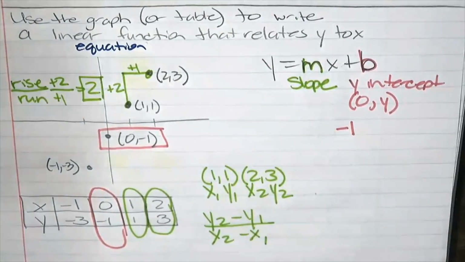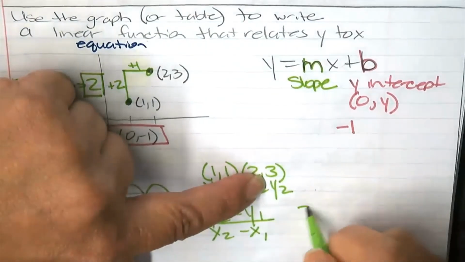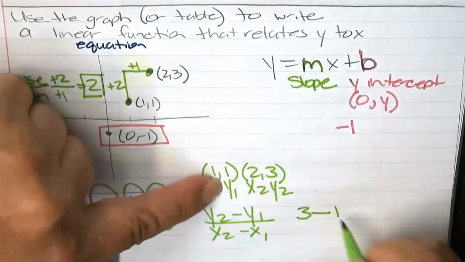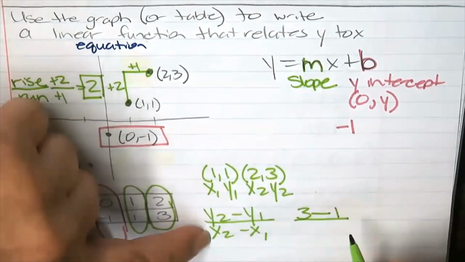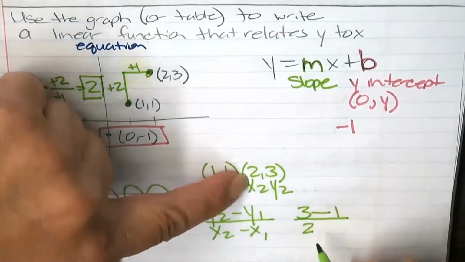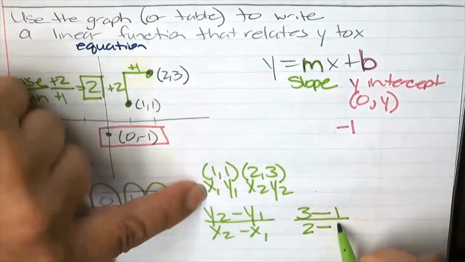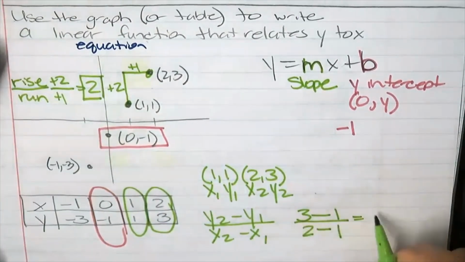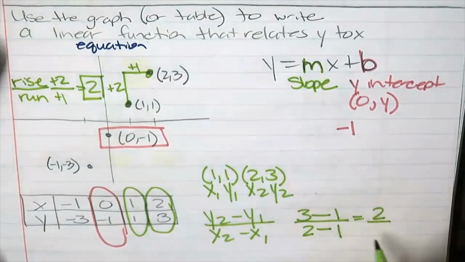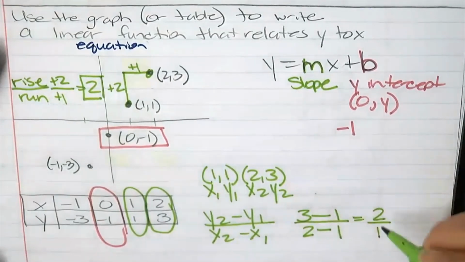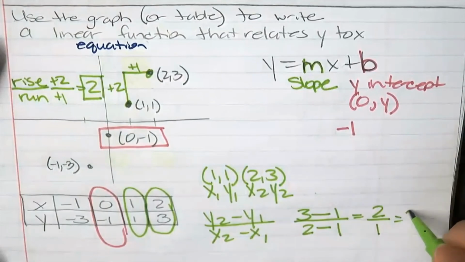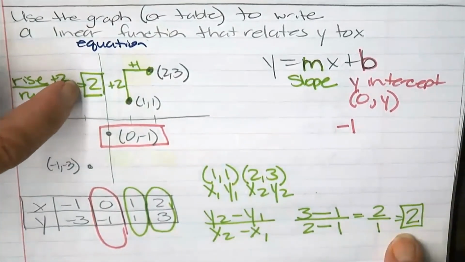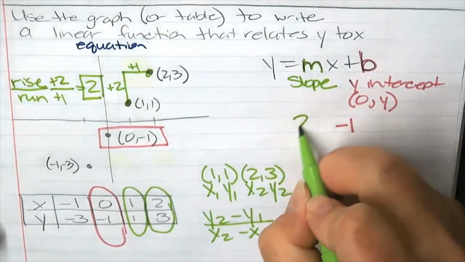So now I'm going to substitute. 3 minus 1 is 2. 2 minus 1 is what? What's 2 divided by 1? 2. So it looks like my slope is a solid 2.